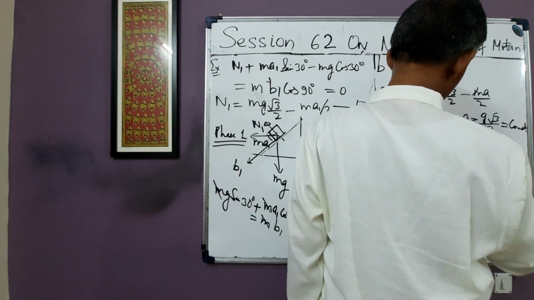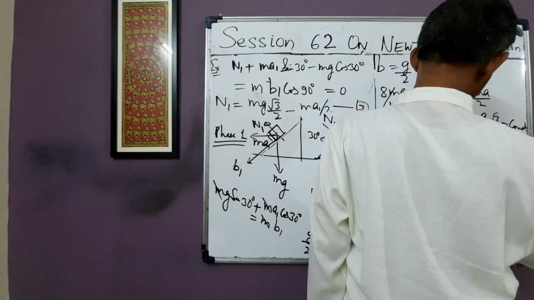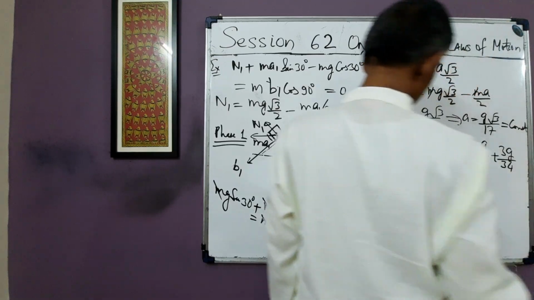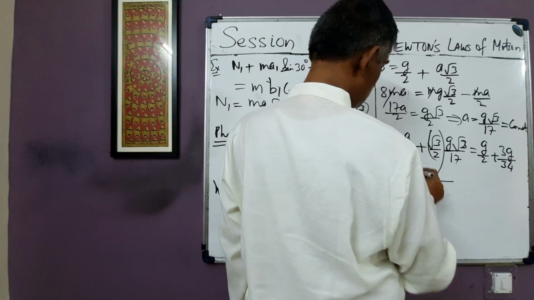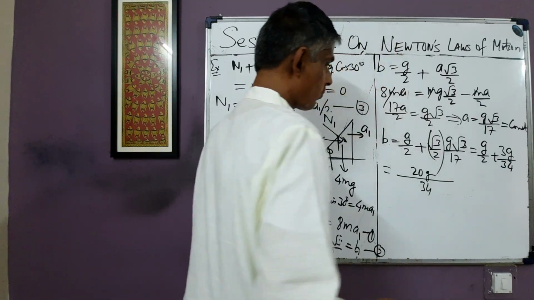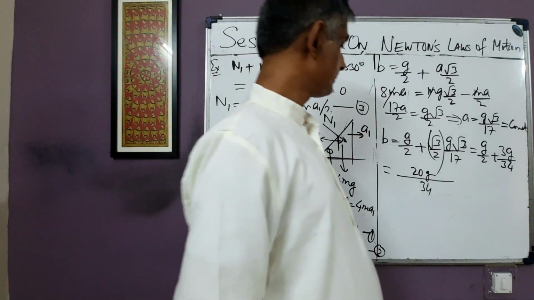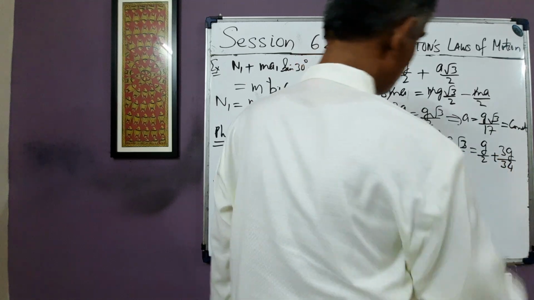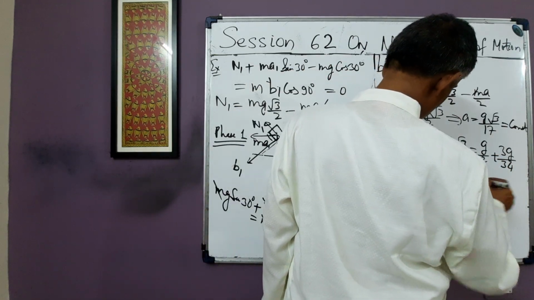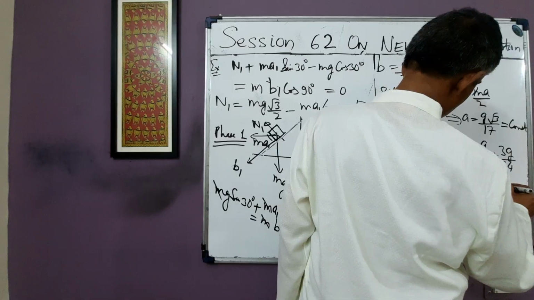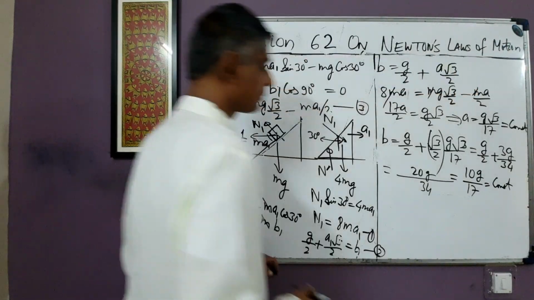So this becomes g by 2 plus 3g by 34. I have taken 34 common. 17 plus 3 is 20g by 34. This becomes 10g by 17, which is a constant value.